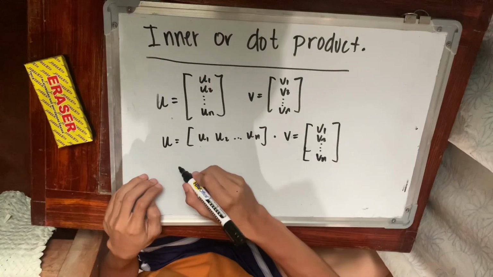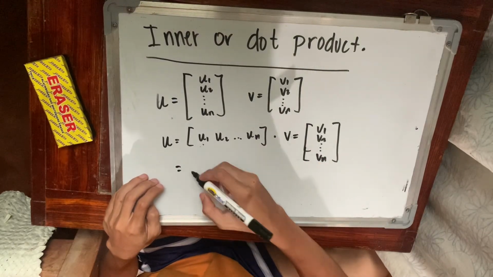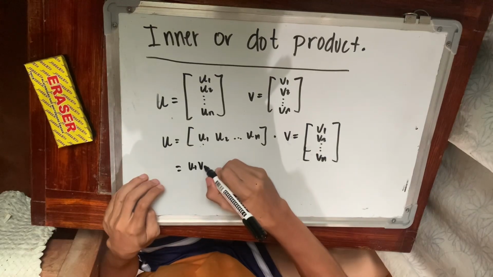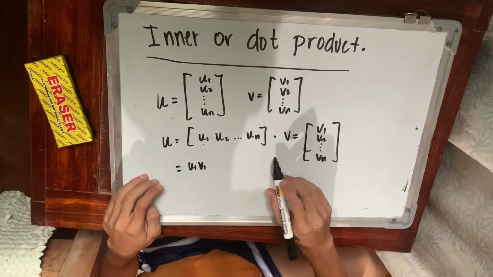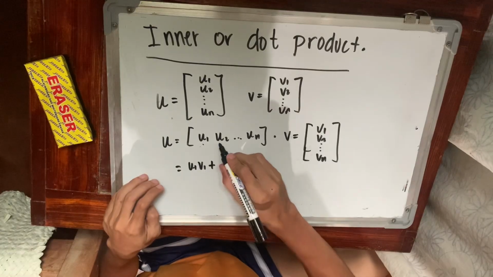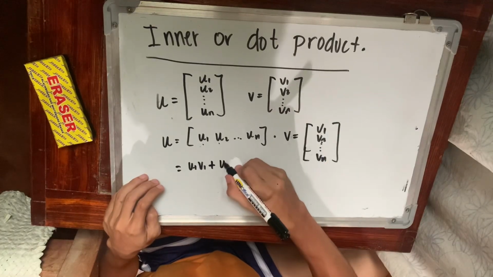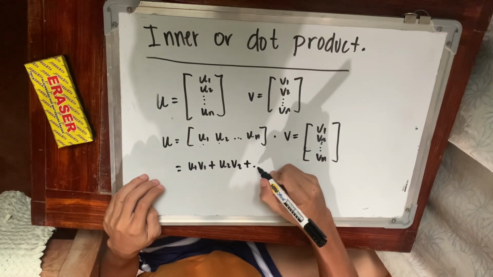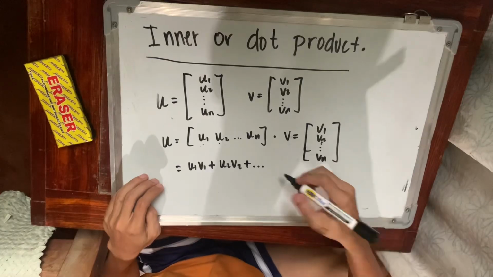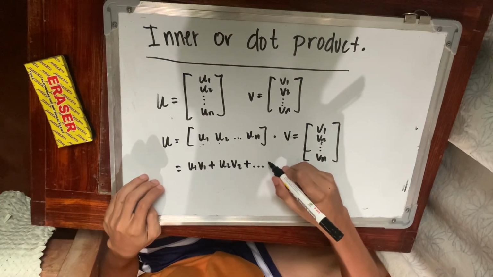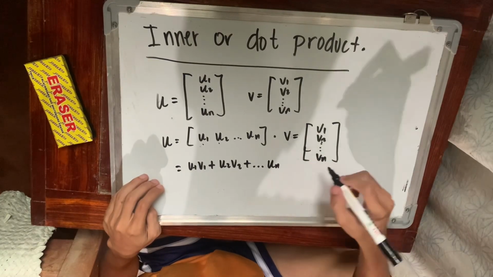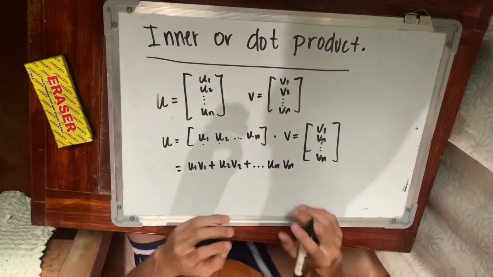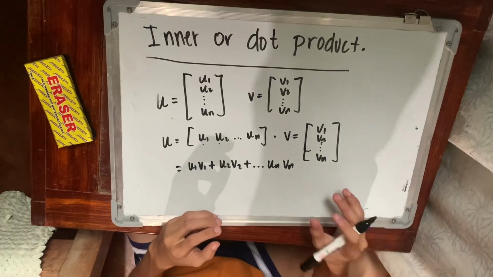So it will now become u sub 1 times b sub 1, plus u sub 2 times b sub 2, plus up until u sub n times b sub n. So this is how we deal with the inner or dot product.